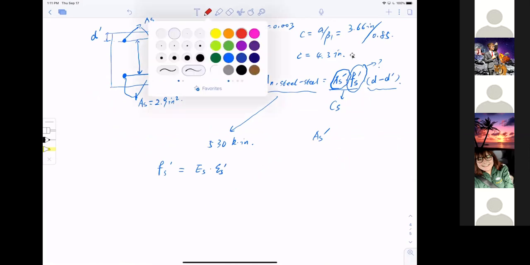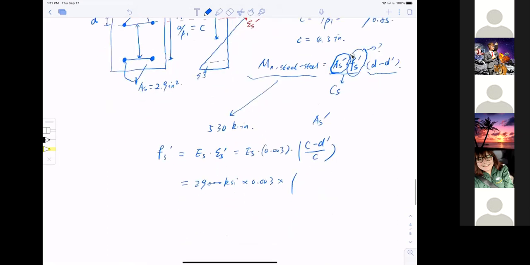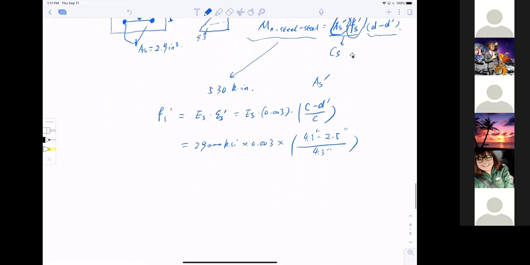I can calculate that using the equation: ES multiplied by 0.003, which is epsilon Cu, multiplied by C, the compressive zone, minus D prime, divided by C. Bringing the numbers in: this is 29,000 KSI, and this is 0.003, and C is 4.3 minus D prime 2.5 inches, divided by 4.3 inches. I got this number to be 36.8 KSI.